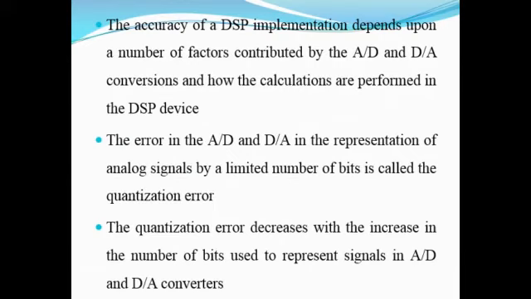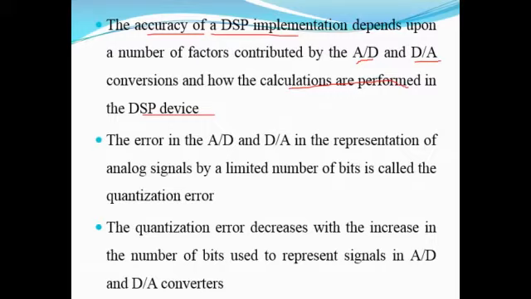So already we have discussed the accuracy or the precision. The accuracy of any DSP implementation mainly depends on a number of factors contributed by A to D and D to A conversion. So this is how the conversion is properly done depending on the accuracy, and how the calculations are performed in the DSP device. The DSP processing system should calculate and give the results properly without any error.